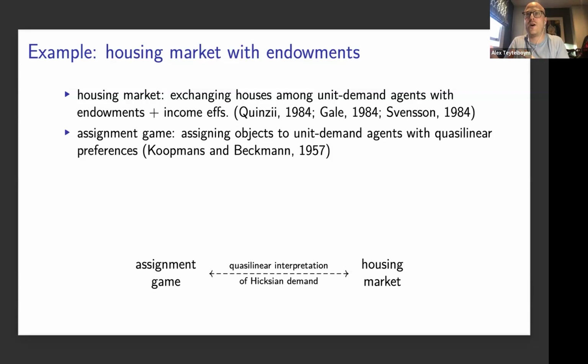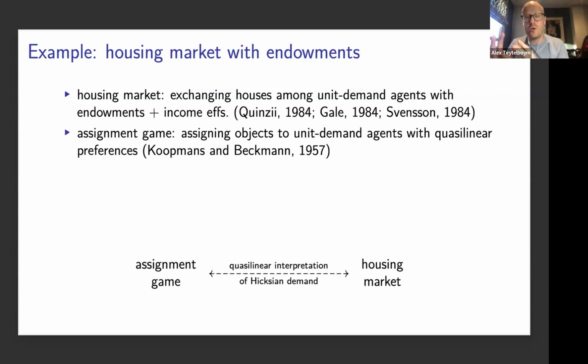What is that Hicksian economy? It's the assignment game. It is the version of the housing market where there are no income effects. In other words, it's the version of the housing market where everyone's preferences are actually quasi-linear, and that turns out to be the assignment game. So the dual economy, from our perspective of Hicksian demand, is the assignment game.